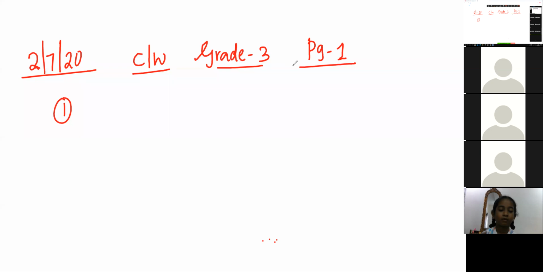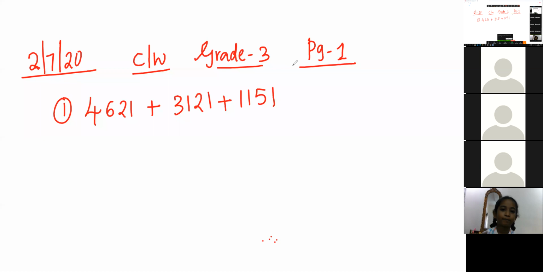Let us take three numbers to add: 4621 plus 3121 plus 1151. Let us add these three numbers, but how to arrange them?